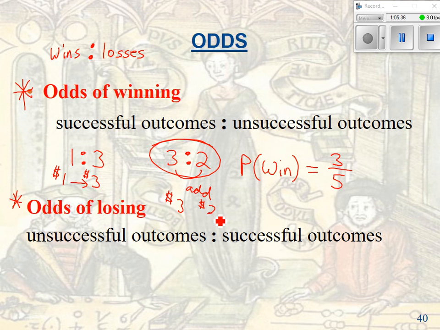All right? So with this horse, you're taking a chance to lose $3 and only gaining back $2. Doesn't make a whole lot of sense, right? But that means that horse is a heavy, heavy favorite. There's a very, very good chance that they're going to win that race.